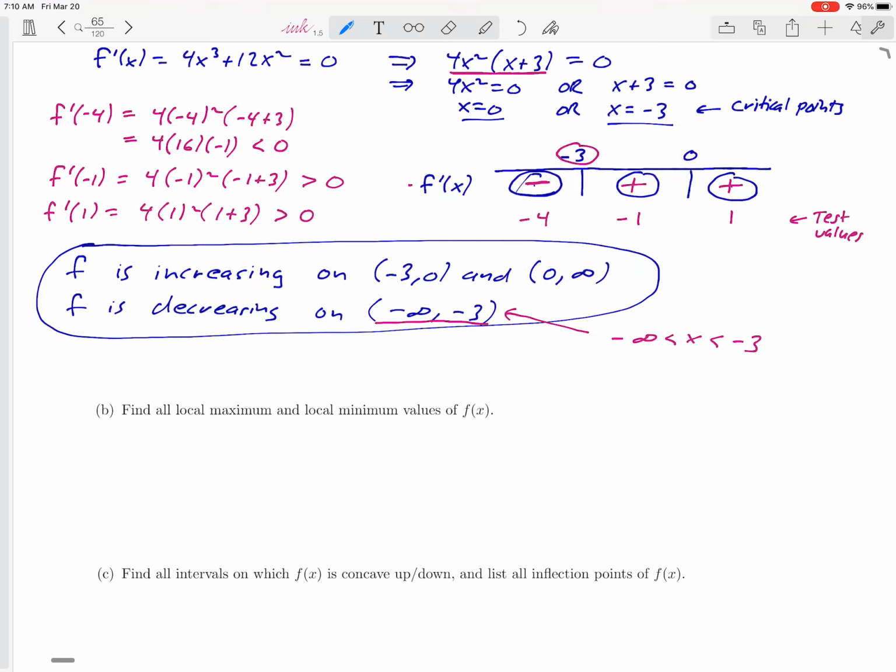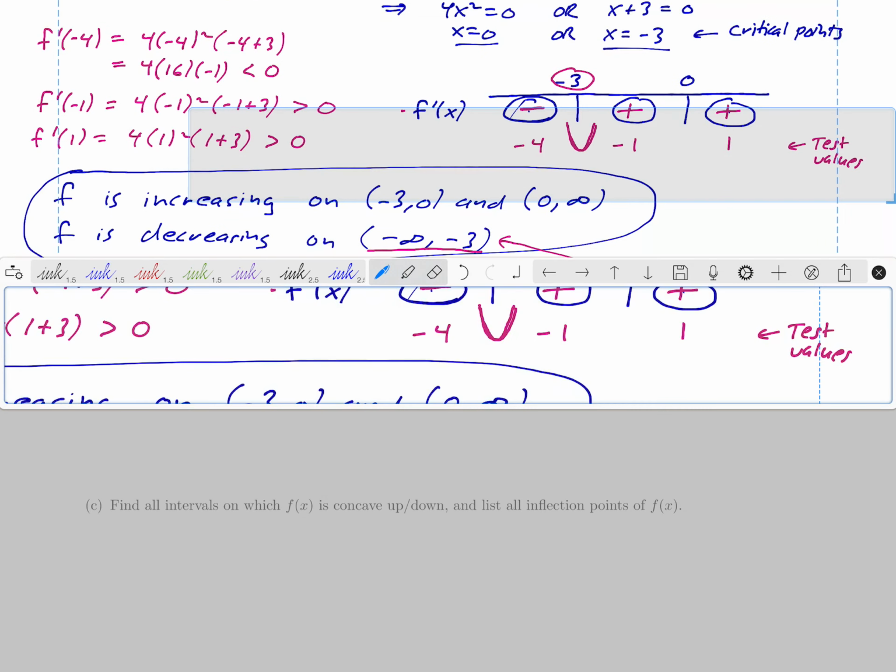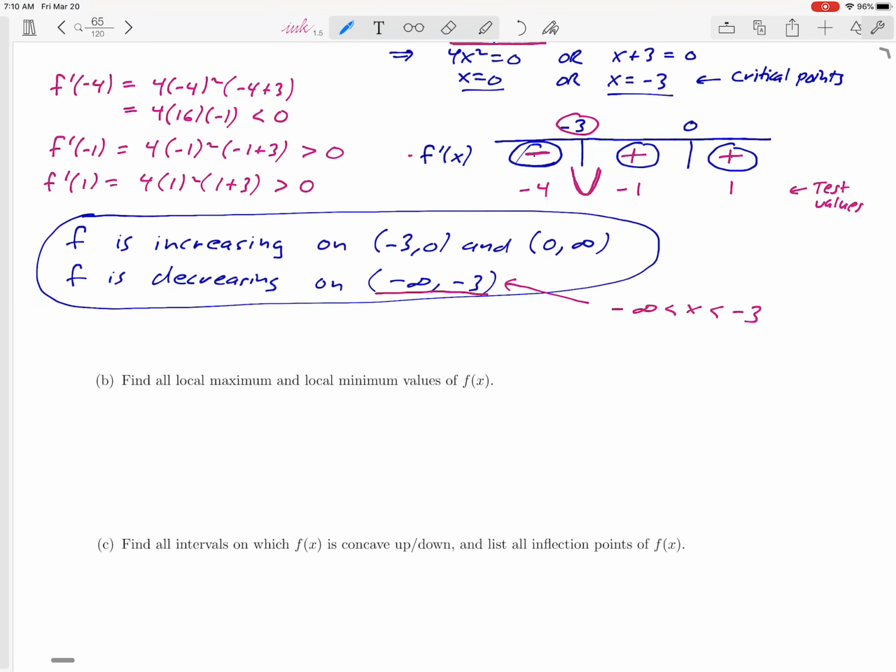So I can look at this -3 and the signs and see that my function is decreasing to the left of -3 and increasing to the right of -3. So this little graph that I drew here is kind of what f looks like. And notice that right at -3, we kind of reach a valley. And that valley is a local minimum.